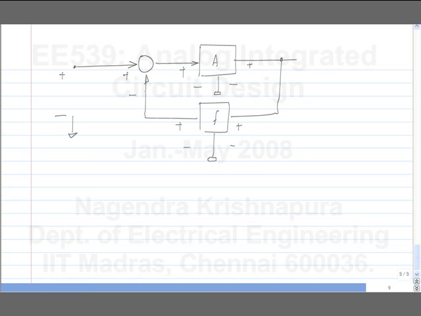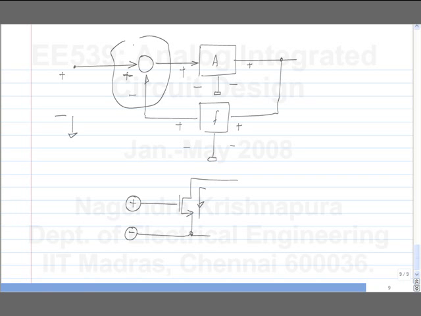If I draw the picture of a common source amplifier, it certainly does take the difference between these two terminals. That is, the current flowing here and the output voltage are related to the difference between the gate and source voltage. So can we use it here to take the difference?